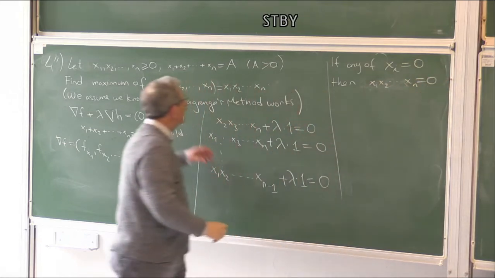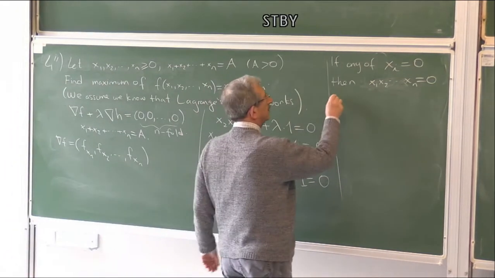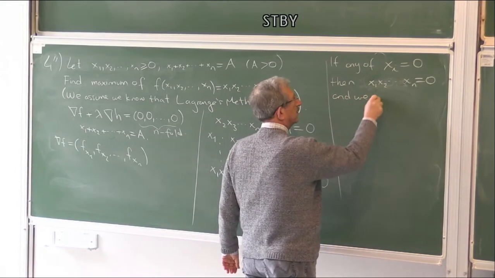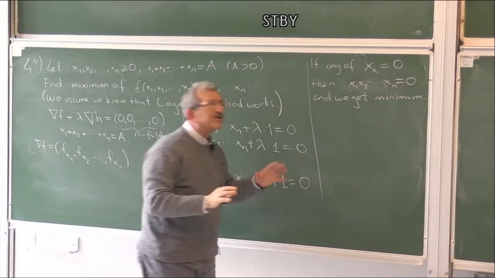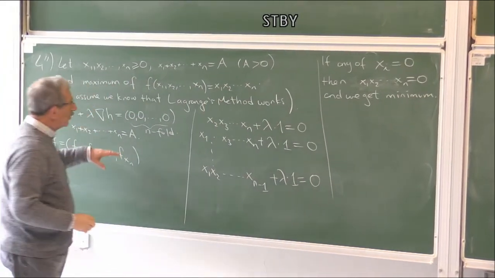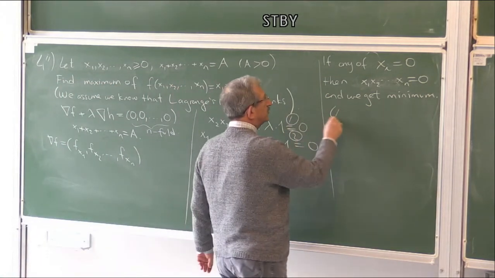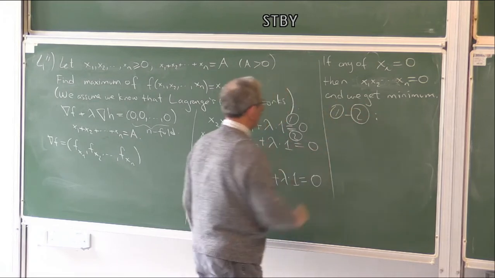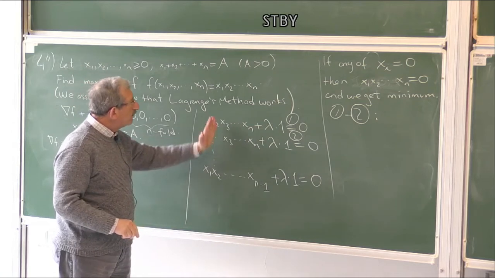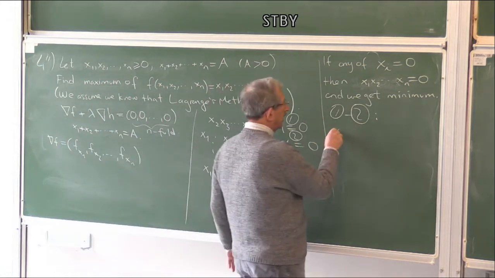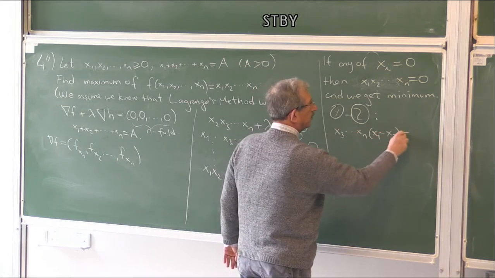And because these are non-negative numbers, this is the minimum. We are not interested in this. So let me give names to them, 1, 2, etc. So we consider 1 minus 2. Lambdas cancel out, and we have all the factors the same, x3 up to xn, times x1 minus x2 equal to 0.